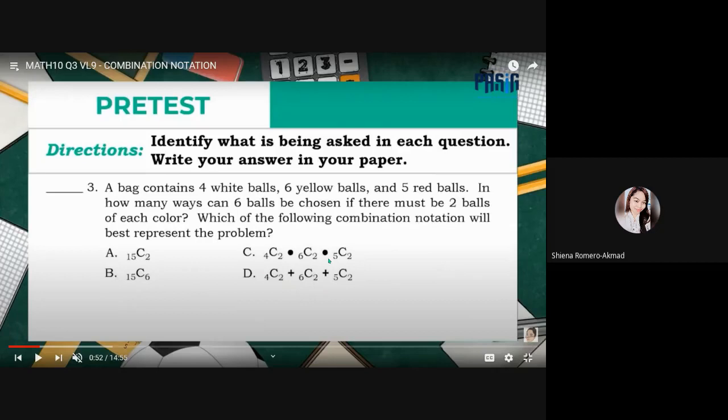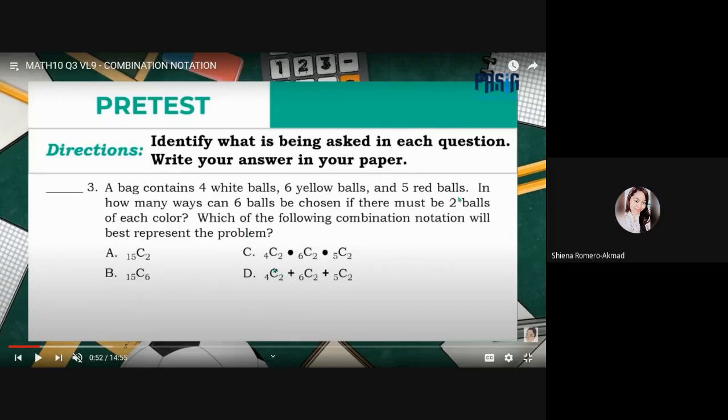So, for letter C kasi, mapapansin nyo multiplication. When it comes to fundamental principle of counting, if they will happen at the same time, you have to multiply. Okay, so syempre, if you're going to get 2 balls each, they will happen at the same time, you have to multiply. Kaya ang answer, letter C. Pag letter D kasi, ina-add natin yan if all of them will satisfy the given scenario.